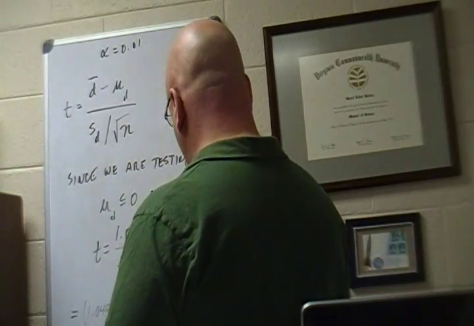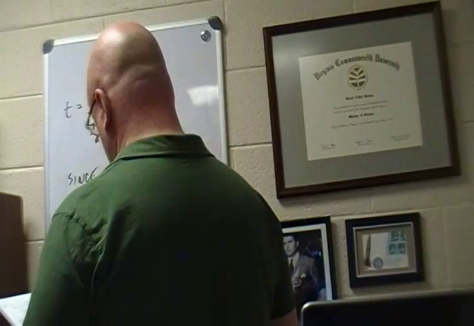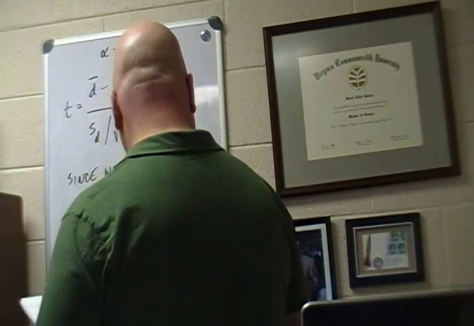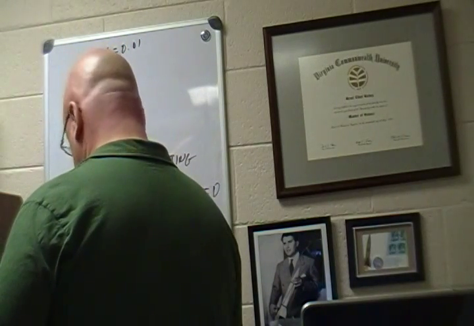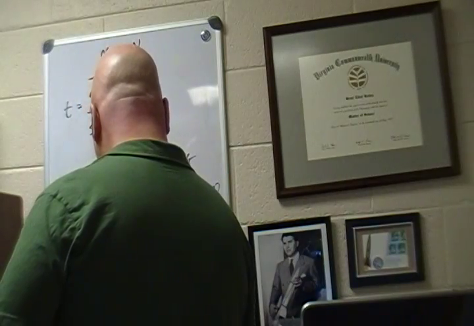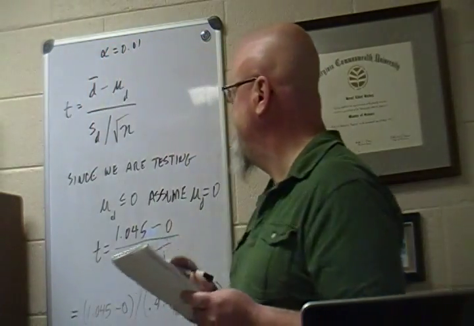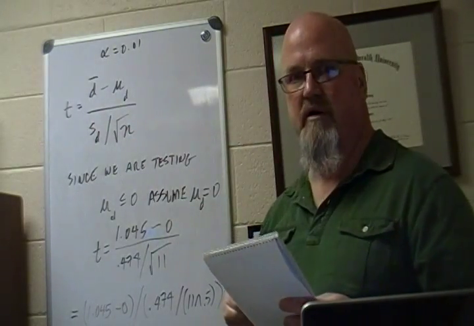That's your square root of 11 there. We close that off, and then that's that. Close the denominator off, and this gives us our standardized test statistic, 7.312. That's our standardized test statistic based on all these values that we calculated in the previous videos.